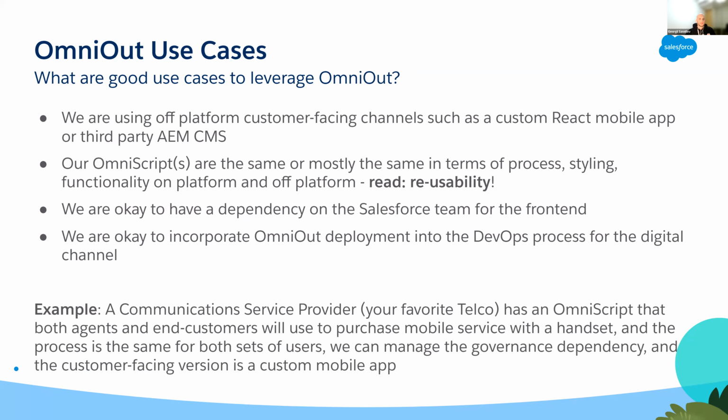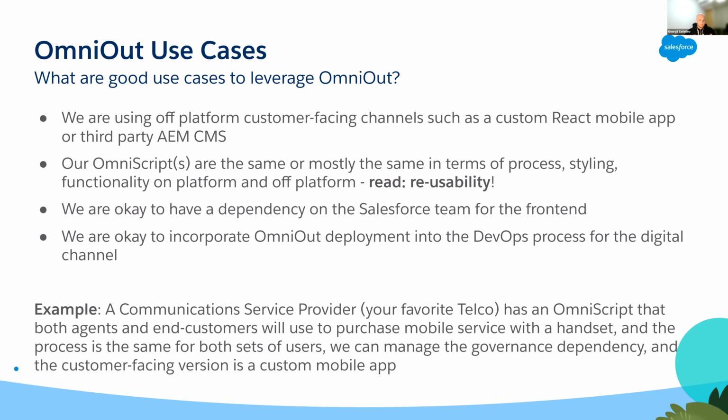Again, we can tweak this between the channels if we need. But if your OmniScript is 95% different between on-platform and off-platform, then you're not really getting benefit because you're only getting that 5% overlap. So reusability is the key benefit.